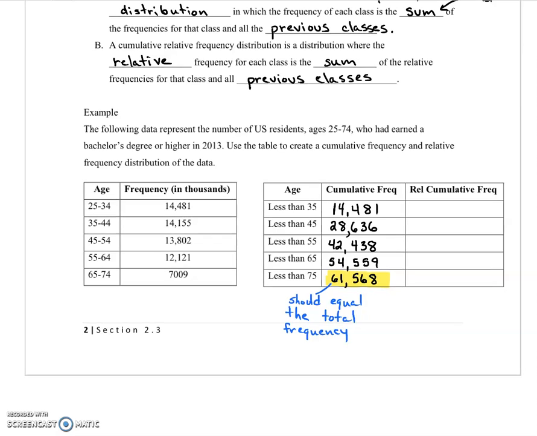So in this case, if we added up all the frequencies we have in our original table, it should always equal the same number as is in the final class of the cumulative frequency distribution.